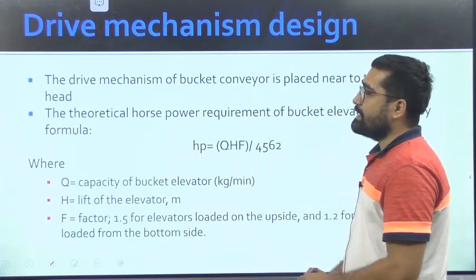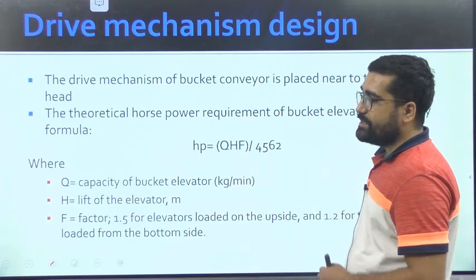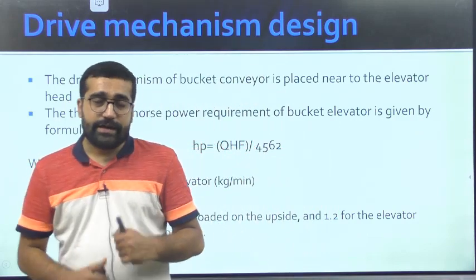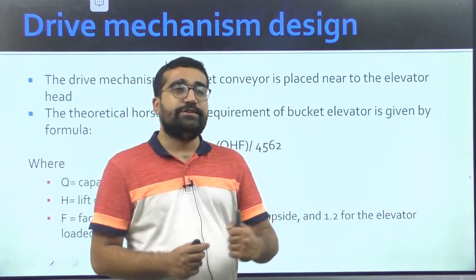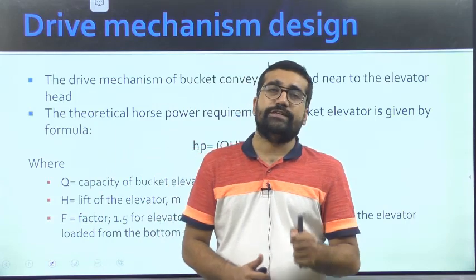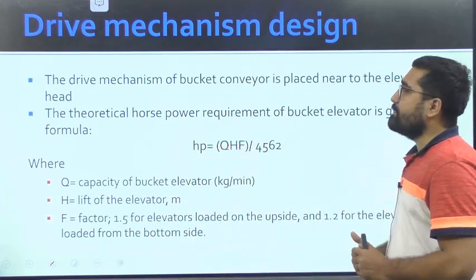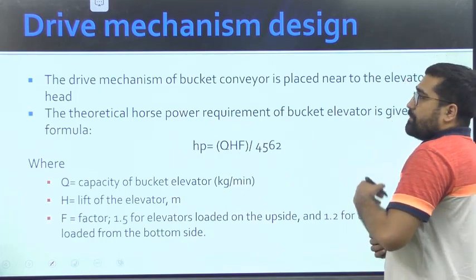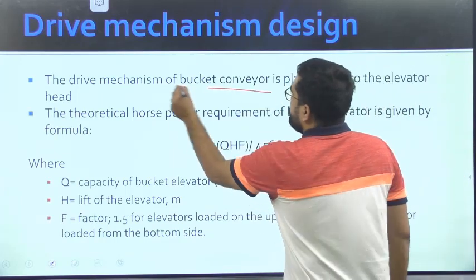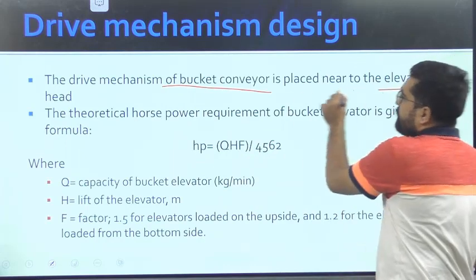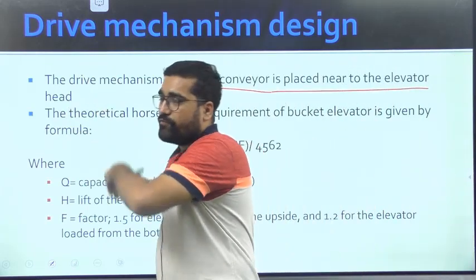Coming to the last thing, it is about the driving mechanism. Here we will find the capacity of the motor which we are going to use for designing the bucket elevator. So what is the driving mechanism? The driving mechanism is the force used to convey the material from one end to another.